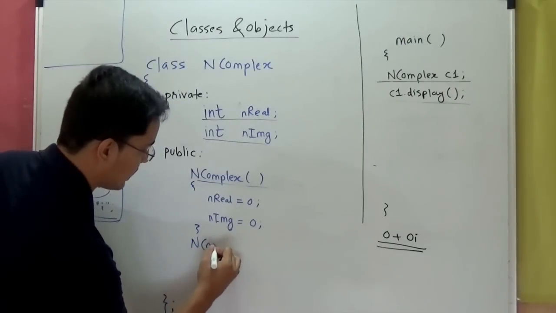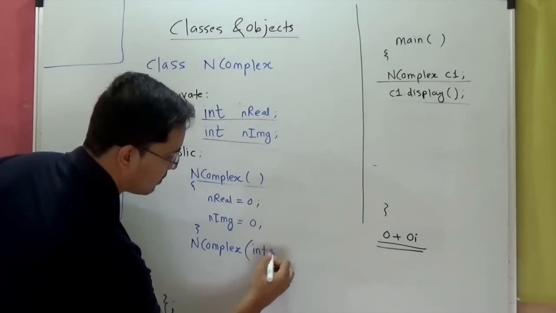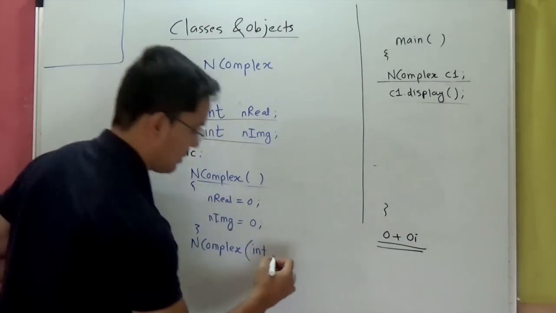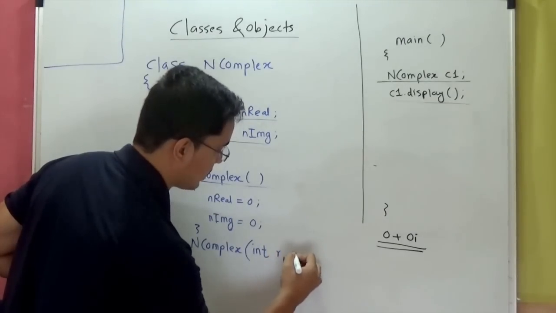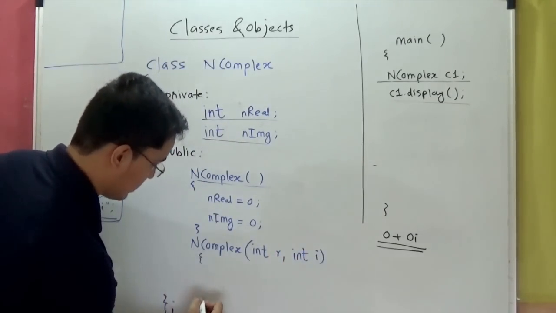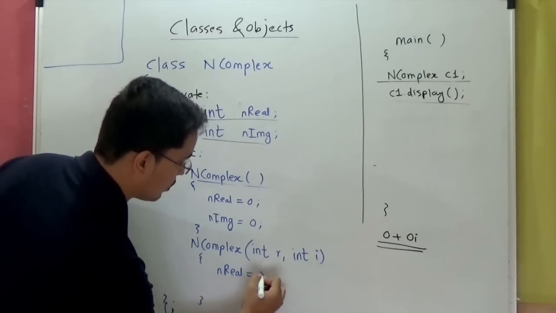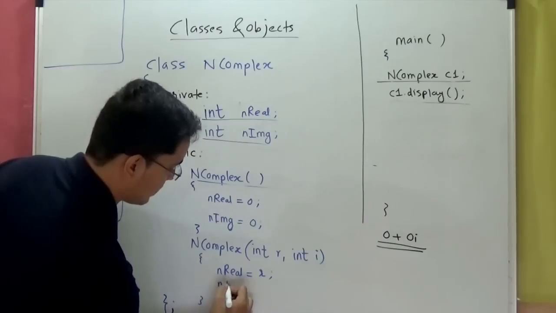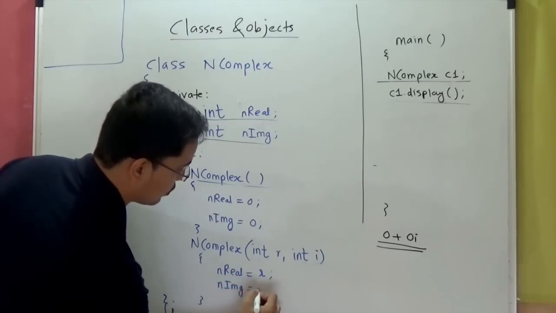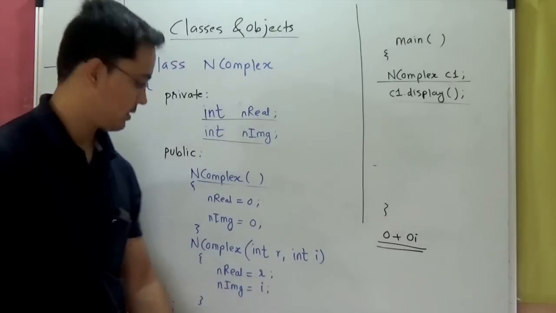The name of the constructor is the same as the class name. I'm going to use two parameters, integer r and integer i, and I will say nReal equal to r and nImaginary equal to i.